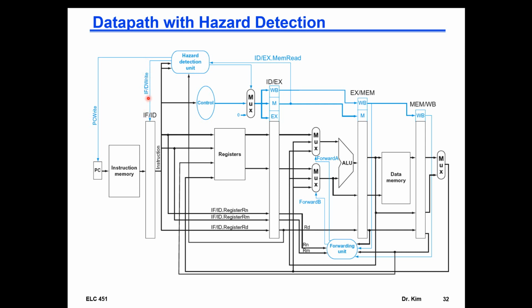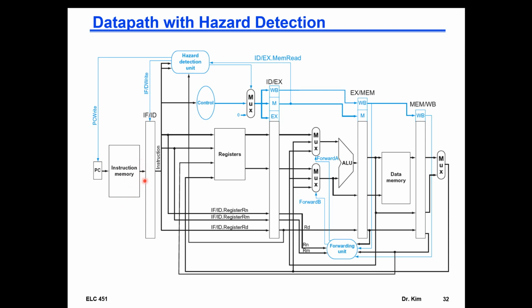This output here inhibits this pipeline stage from being updated. That, along with inhibiting the PC, the program counter, from being written, in essence, allows me to refetch the same instruction.